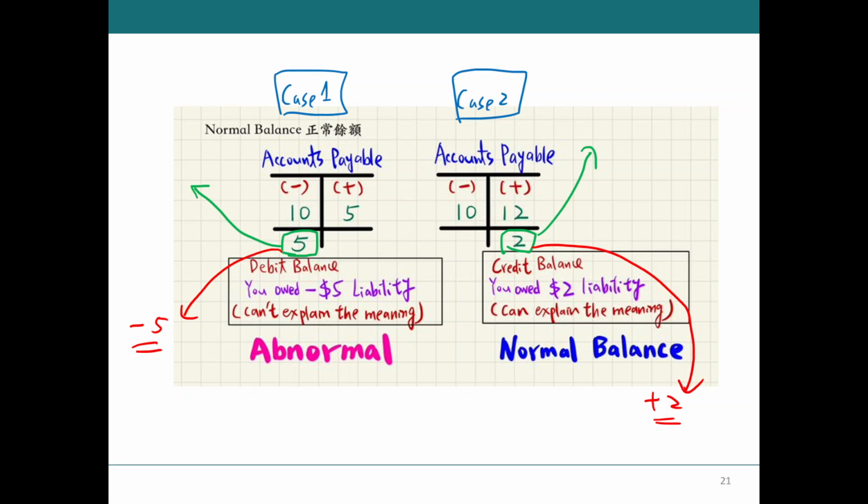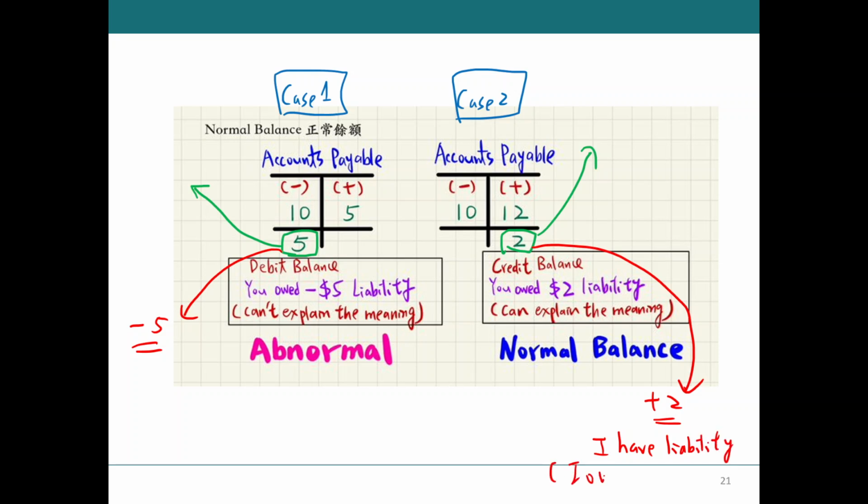I cannot explain it, right? I have a liability or I don't have a liability. So what does minus 5 mean? I don't know how to explain it because we talk about the final number. We don't talk about the process, okay? Final number, final result. Do you have a liability? How much? I have, I don't have, okay? So plus 2 means what? I have a liability, okay?